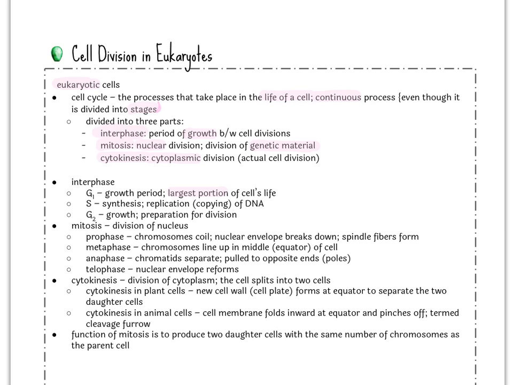So it spends the majority of its life growing in G1 of interphase. Since cells are living things, they will also have those characteristics of life, and one of the characteristics of life is growth and development. So cells also have to grow.